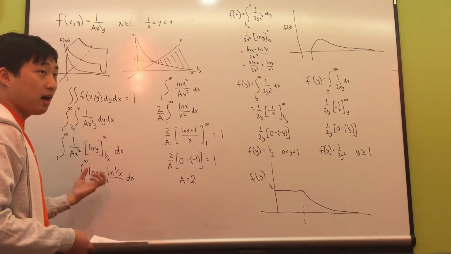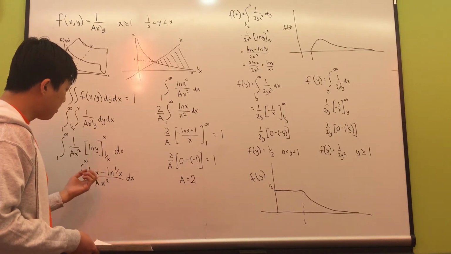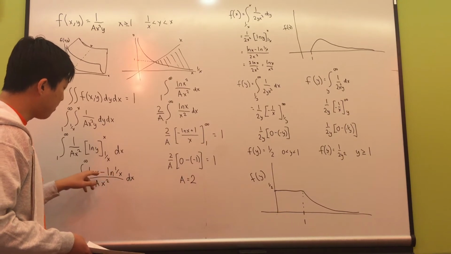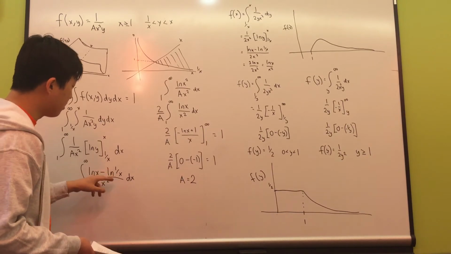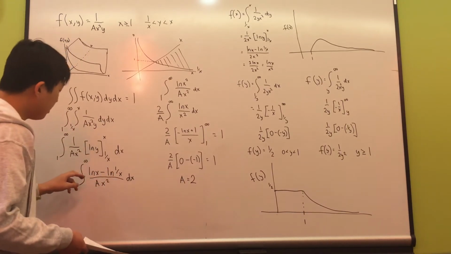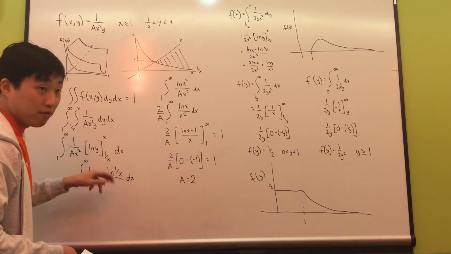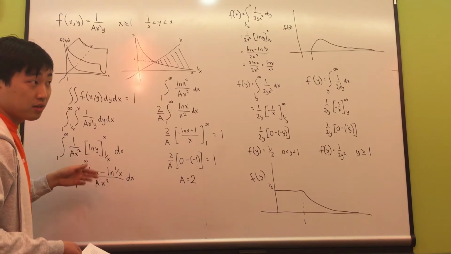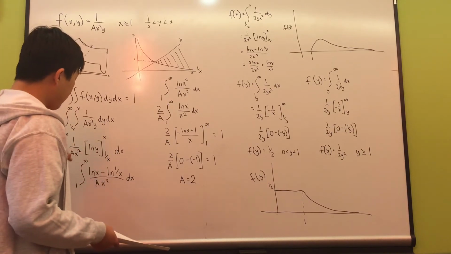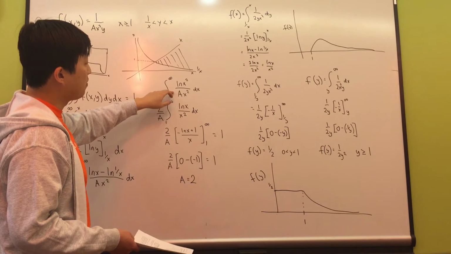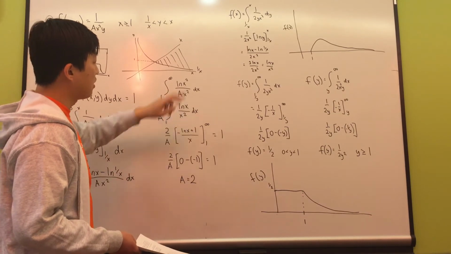Subtracting one log from another is effectively the log of the first component divided by the second. So this becomes the log of x divided by 1 over x, which is the same as ln of x squared, all divided by a times x squared.